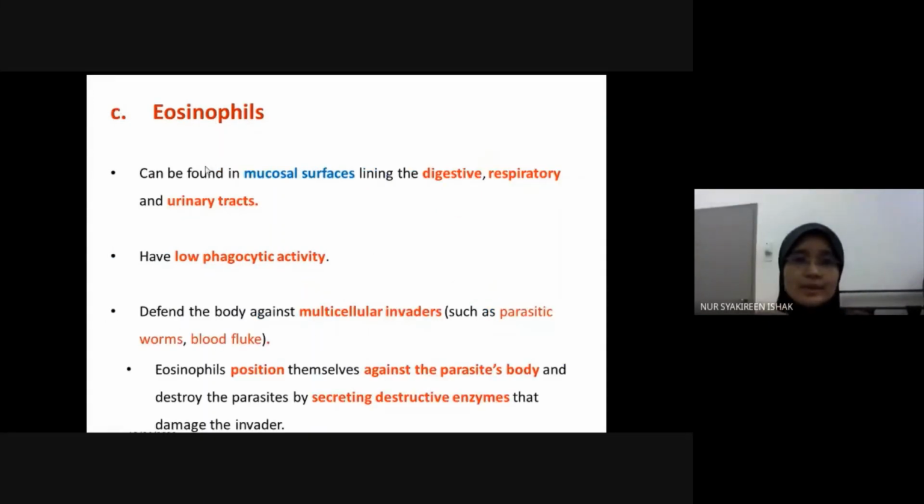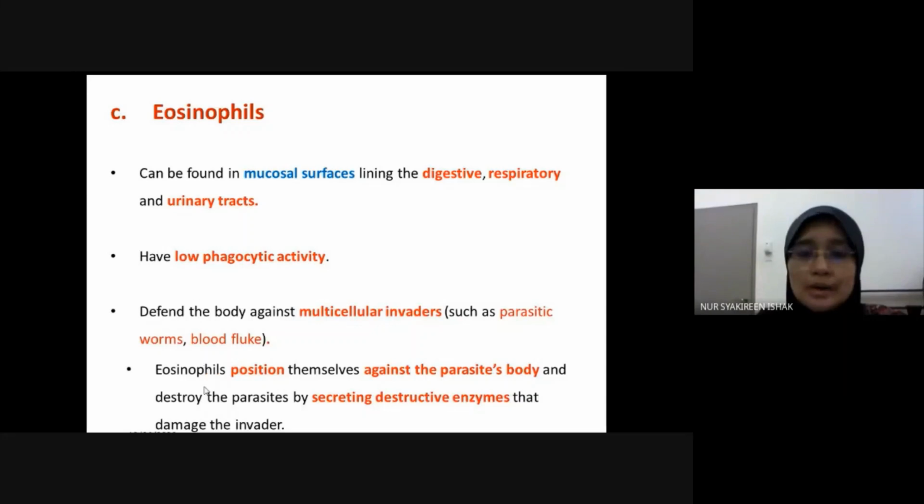The next one is eosinophil. It can be found in mucosal surfaces lining the digestive, respiratory, and urinary tracts. They have low phagocytic activity. This is the function of the eosinophil. Part, it can engulf the pathogen. It can destroy multicellular pathogens such as parasitic worms and blood fluke.